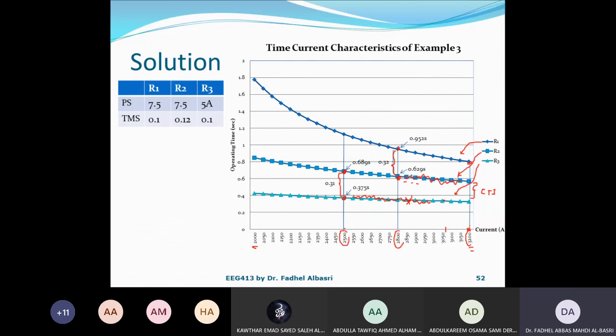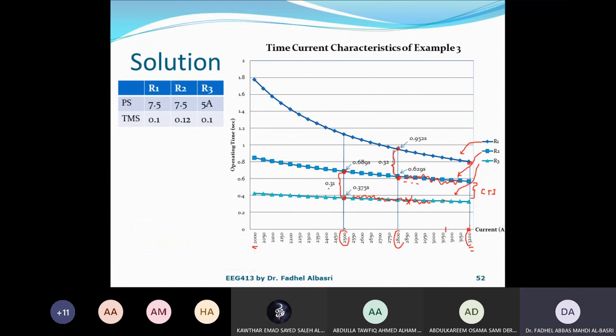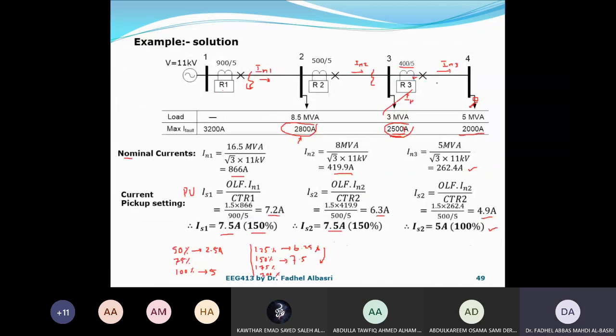I can reduce it if I choose another color. If I can add now, relay 2, relay, sorry, 3, why should it wait for this downstream? If the fault is higher than 2300, it means the fault is somewhere here. If the fault here is 2000 ampere.